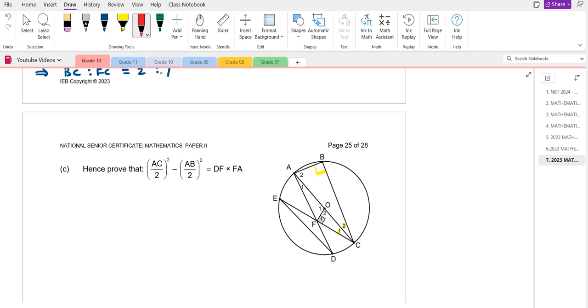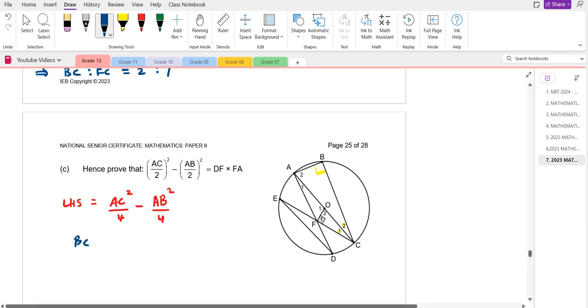If we try to simplify the left hand side, what we can say is AC squared over 4 minus AB squared over 4. Remember, we know BC squared is equal to AC squared minus AB squared.